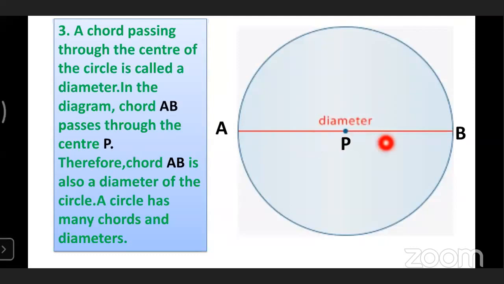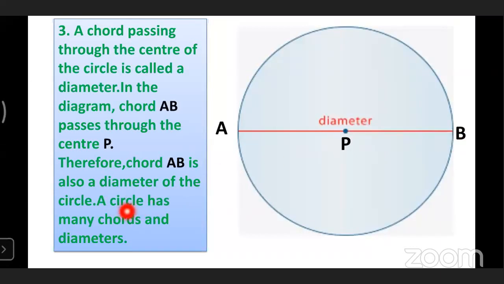A diameter always passes through the center of a circle. So here point P is the center and AB is the diameter.